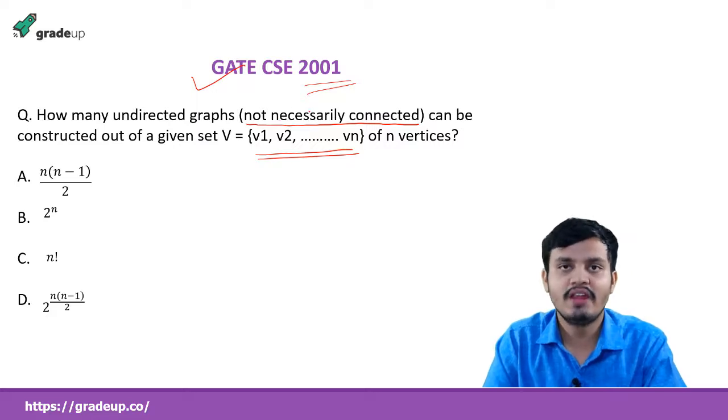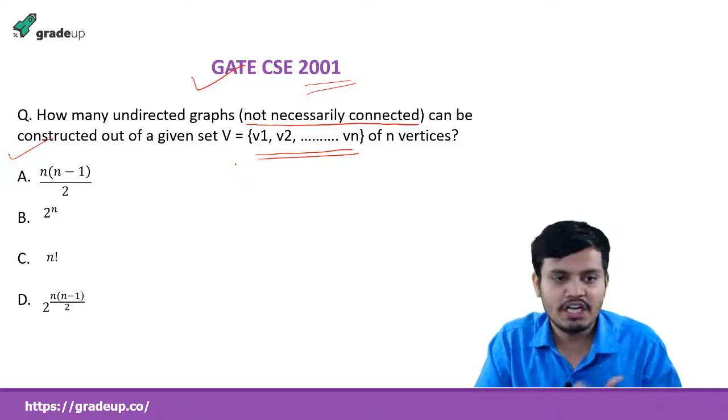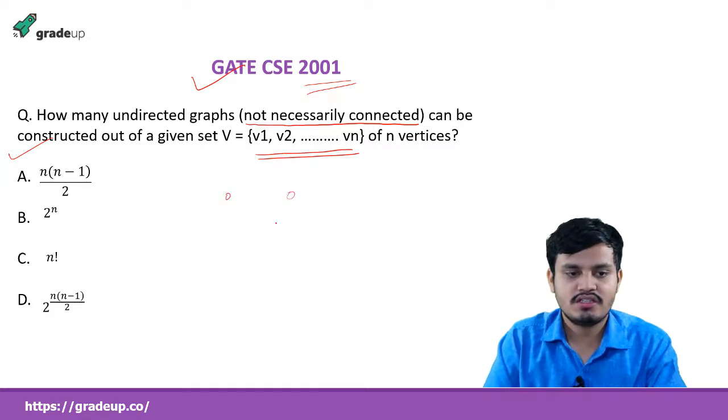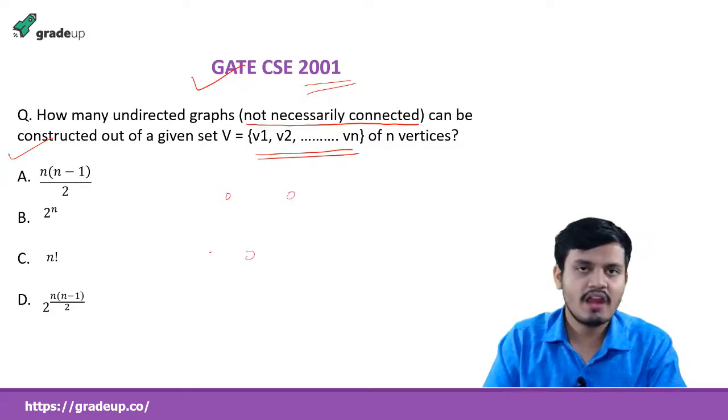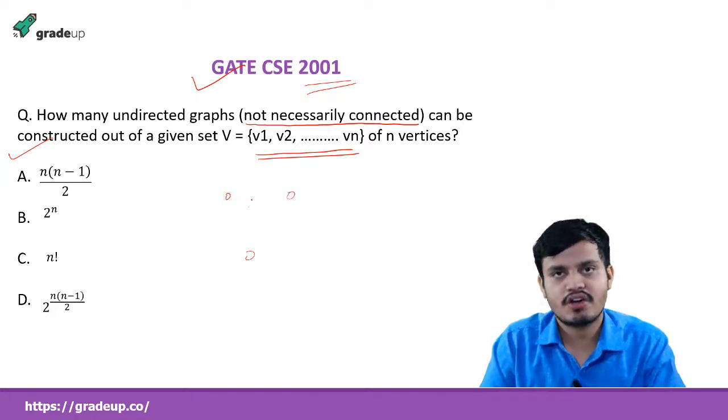So we will have n vertices, and it is asking how many undirected graphs I can draw or construct, and they need not necessarily be connected. So how can you do that? Suppose there are n vertices, and I am asking you how many possible undirected graphs can be constructed.